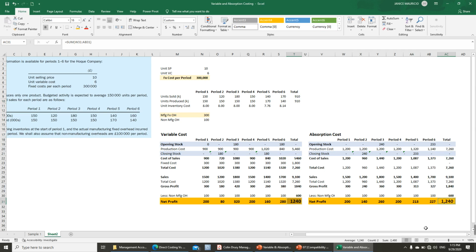So, what we're able to see here is if the units sold is equal to the units produced, then the net profit for that entirety of the period between variable costing and absorption costing will be the same. But if the quantity produced is greater than the quantity sold, then it means that absorption costing will result to higher profitability for that period.